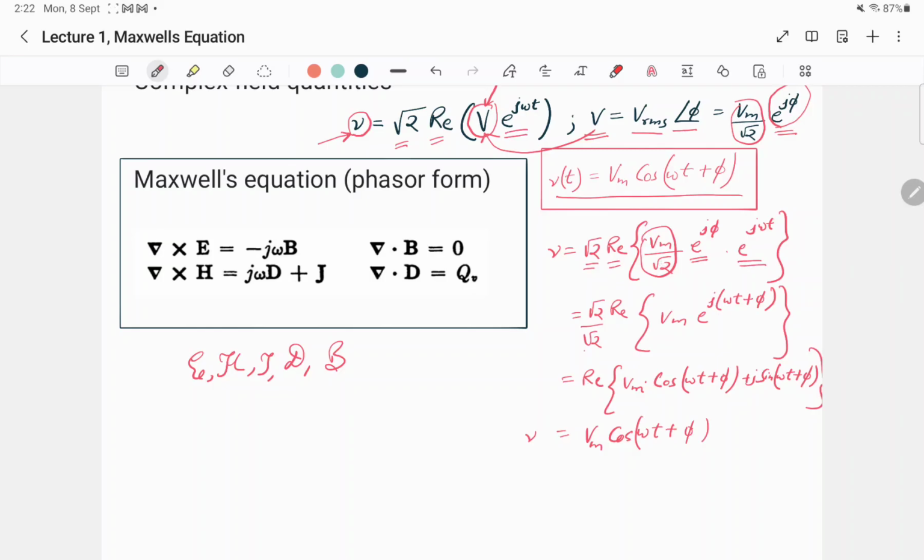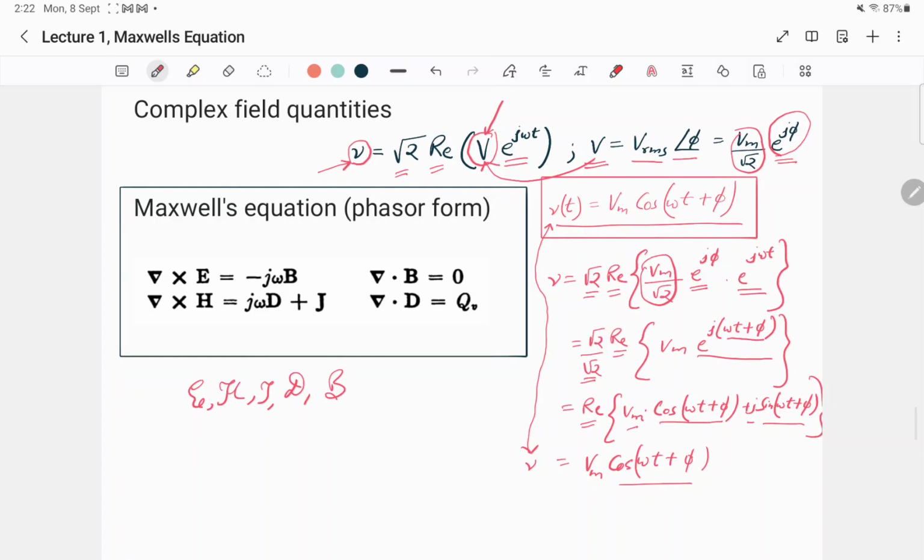So root 2 came out, the real part remains, Vm e to the power j(omega t plus phi). You expand this exponential, we get cos(omega t plus phi) plus j times sin(omega t plus phi). You take only the real part, so you get Vm cos(omega t plus phi), which means this and this are equal.